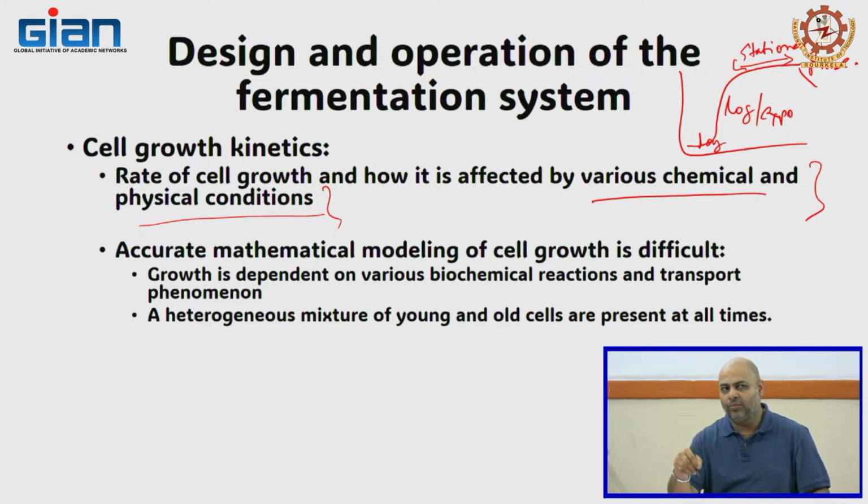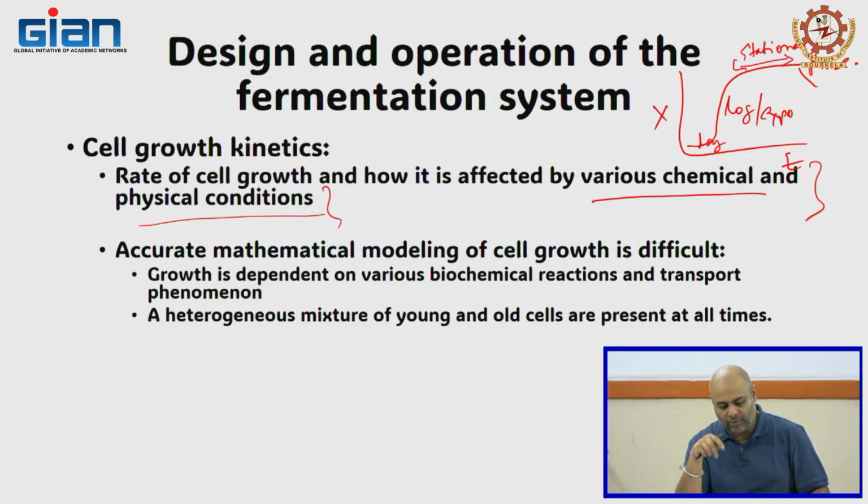There has to be a mathematical equation that can actually define this relationship, right, with respect to time, the change in concentration of the cells or the x with respect to time. There has to be something.